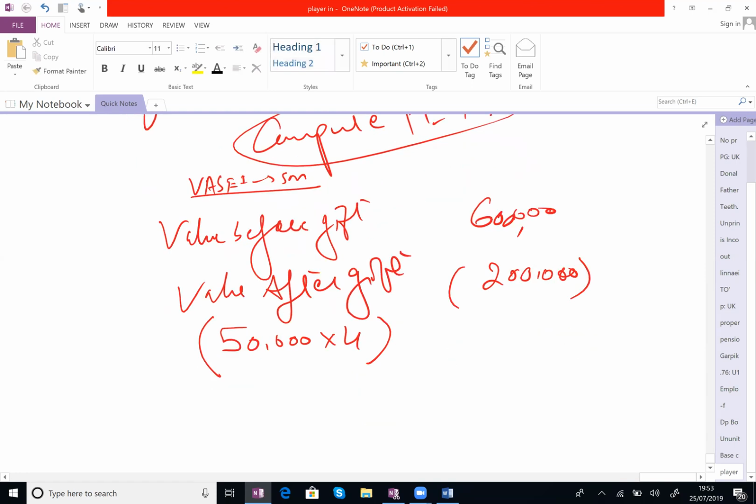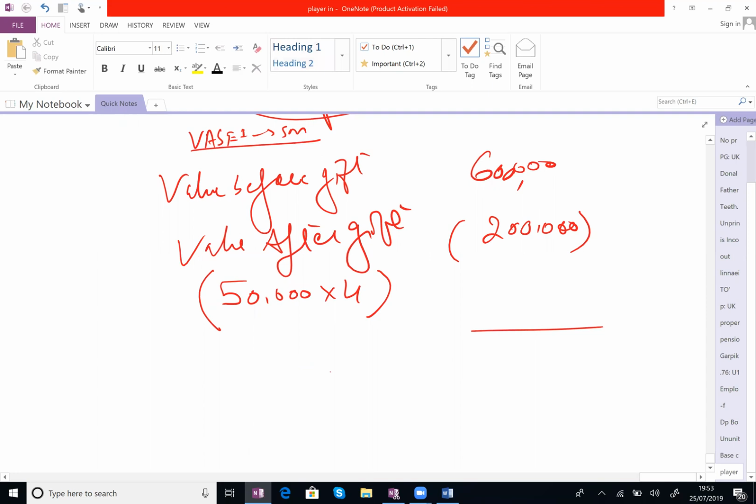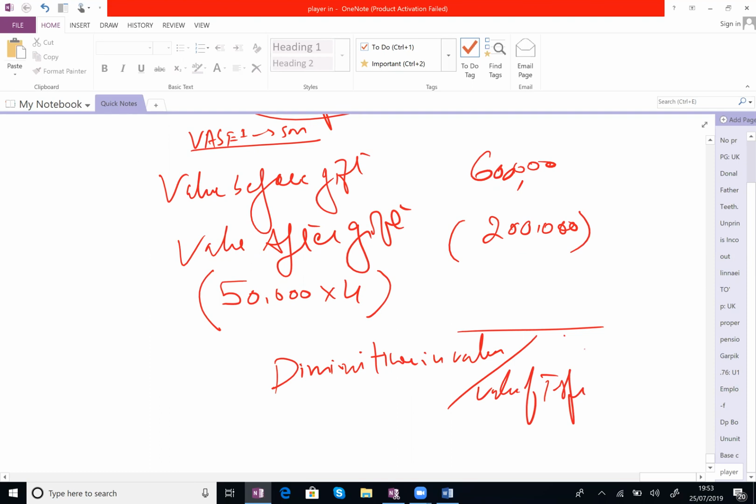What is the diminution or decrease in value, or you can say the value of transfer? 4 lakhs. Now, when you find the value of transfer, what is the next step? Annual exemption. Yes, you deduct the annual exemption of the current year and previous year, and then you get the value of the PET.